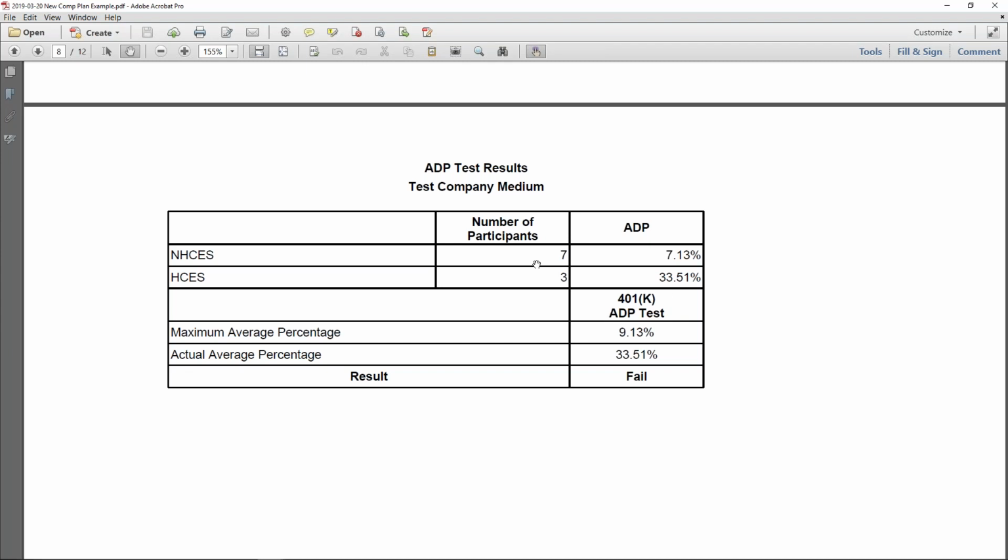The non-highly compensated employees' deferral percentage is only 7%. The maximum for the highly compensated could only be 9%, so it fails that. But by giving everybody that 3%, you automatically pass.